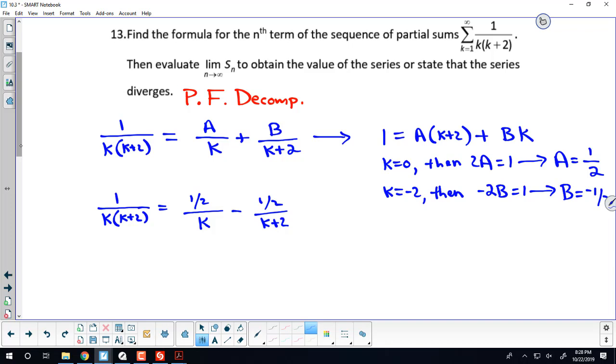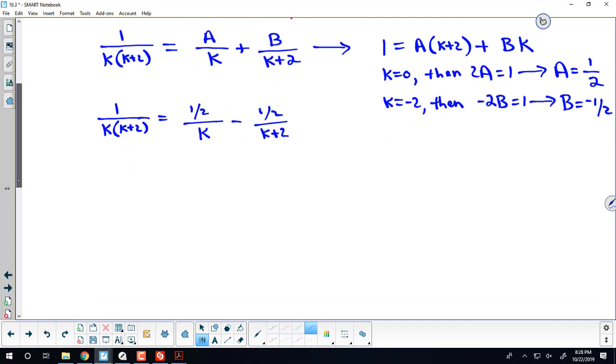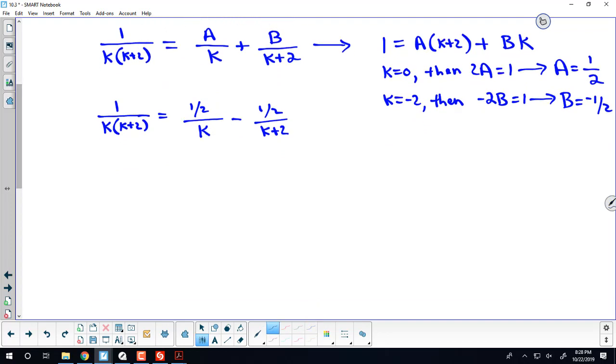So after we rewrite that in terms of partial fractions, you see that it is a telescoping series, just like the last two have been. So this thing here, we start at 1, it starts at 1, k plus 2.